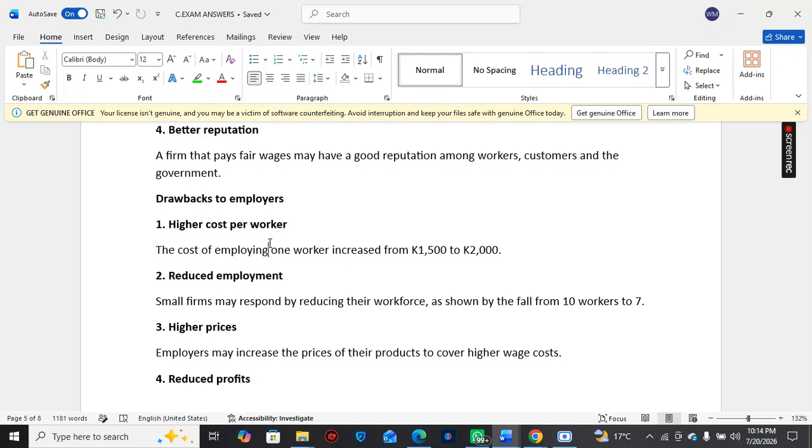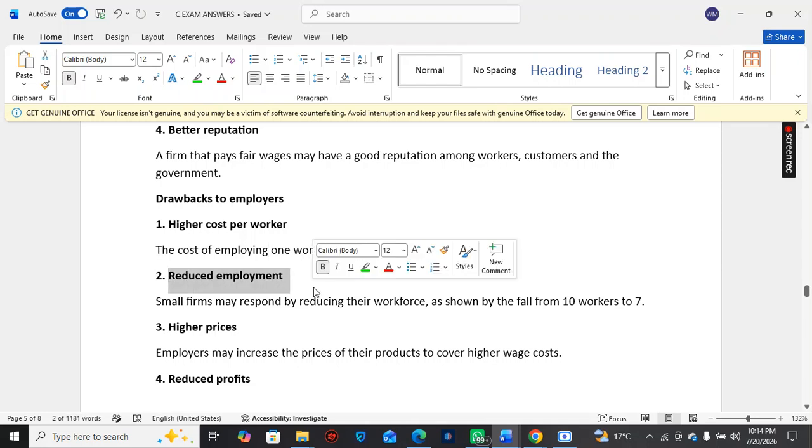Reduced employment: you have to now lay off workers because you can't maintain all those workers. When you lay off these workers, as we saw, output suffered for this company. And when your output suffers, your revenue is also going to suffer, because remember, total revenue is price times quantities produced. Since the workers were laid off and output dropped, their revenue could have also dropped.